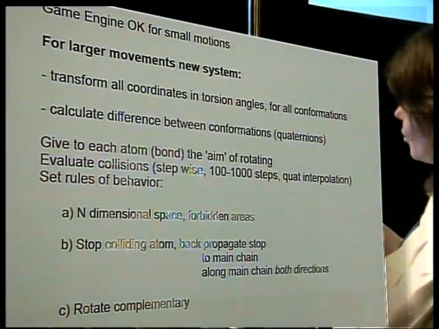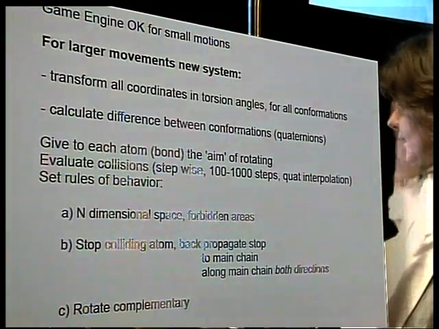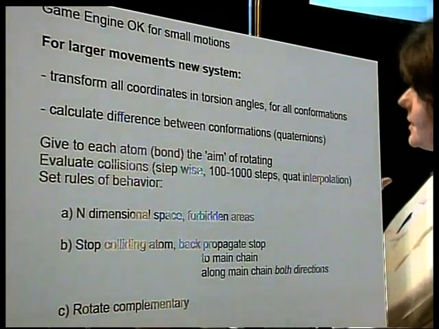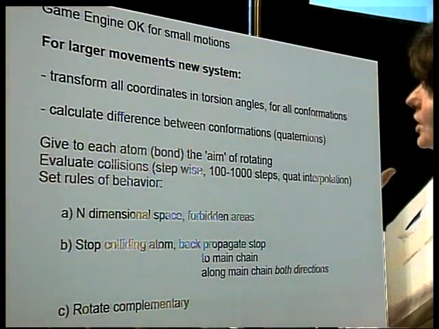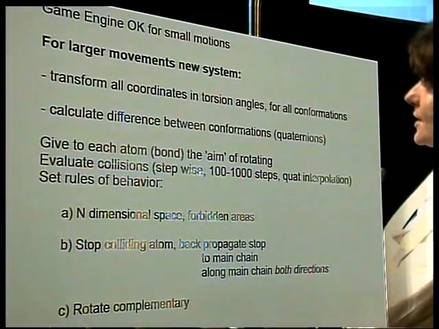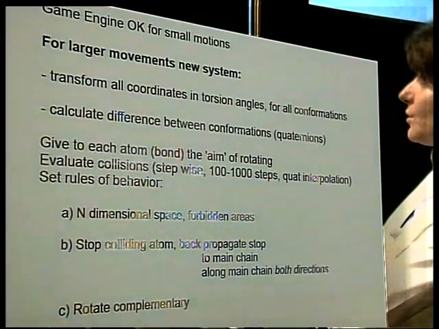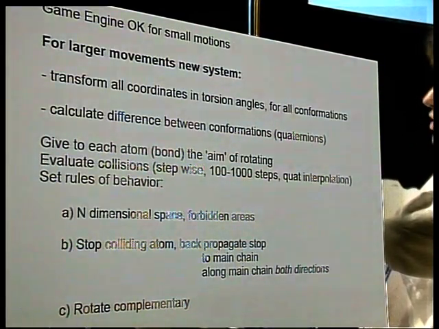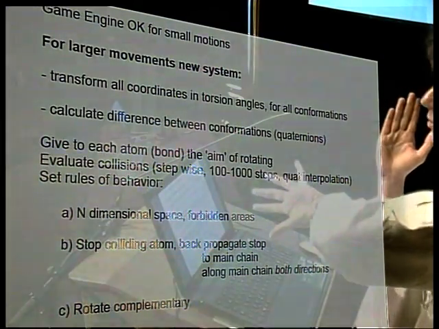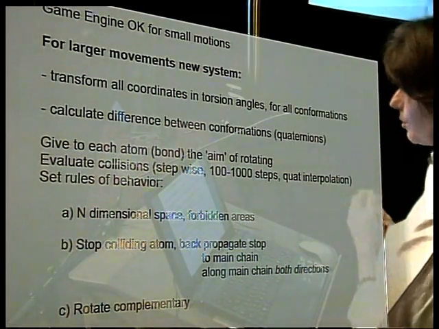If this doesn't work, then another possibility is that if we have a system that is colliding, we want to go from here to here, and there is a collision in between. If this rotation cannot be done at all, then we should consider the possibility of doing the complementary rotation so that we reach the final conformation without getting into collision problems.